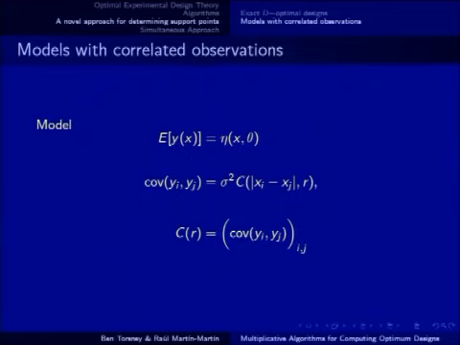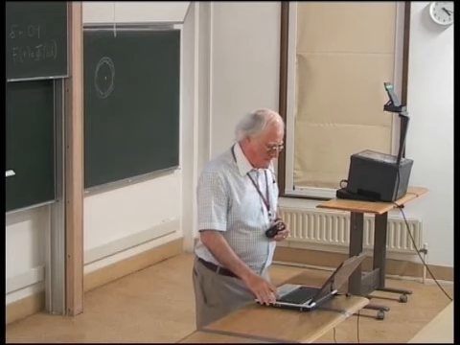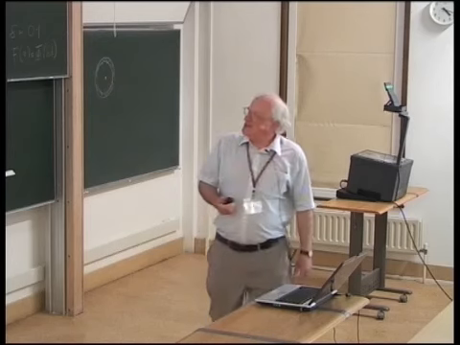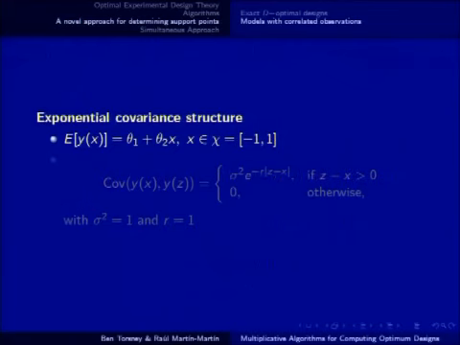We can move on to models with correlated errors, and then, as others know, there are additional parameters from the covariance parts of the model, and you could be interested in either theta or r or both, and we have explored different choices.